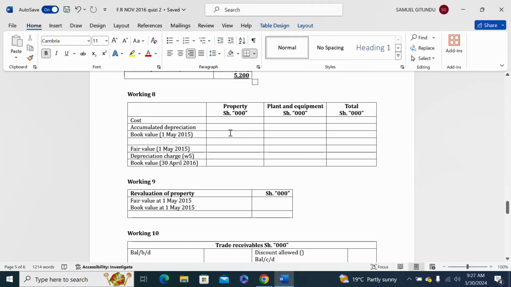The cost of property is 90 million. The cost of plant and equipment is 90 million also. Therefore, the total cost is 180 million.